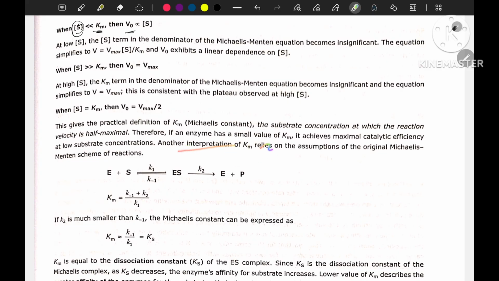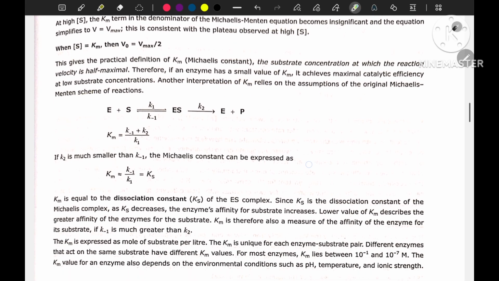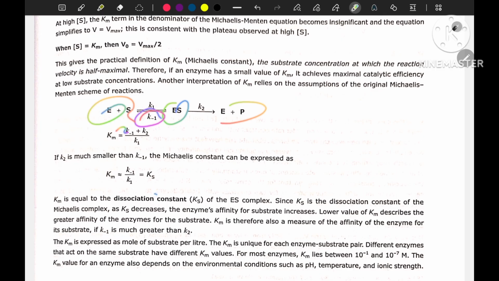Another interpretation of Km relies on the assumption of the original Michaelis-Menten scheme of the reaction: E plus S, K1, ES, K2, E plus P, and ES, K minus 1, E plus S. Km is equal to K minus 1 plus K2 upon K1.